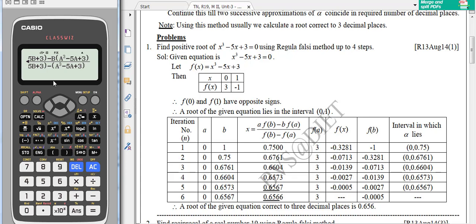So that completes getting the formula in the calculator, and then you just press the calculate key.